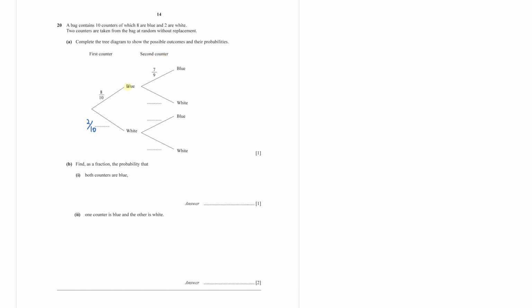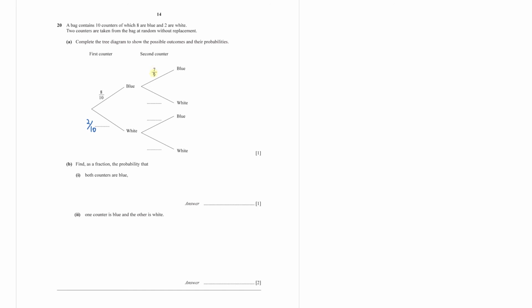If you pick the blue one the first time, that means there are 7 blue remaining. So the probability of picking the blue is 7 by 9, since there are now 9 remaining, of which 7 are blue.